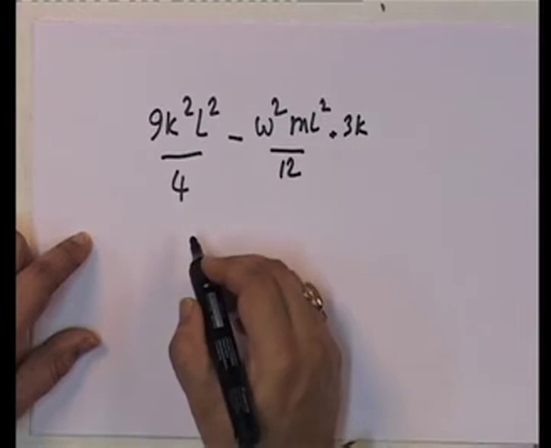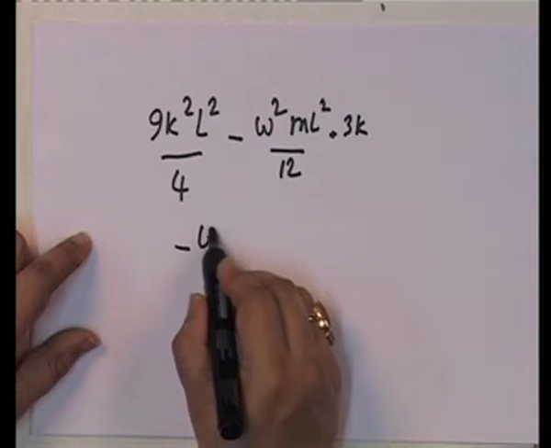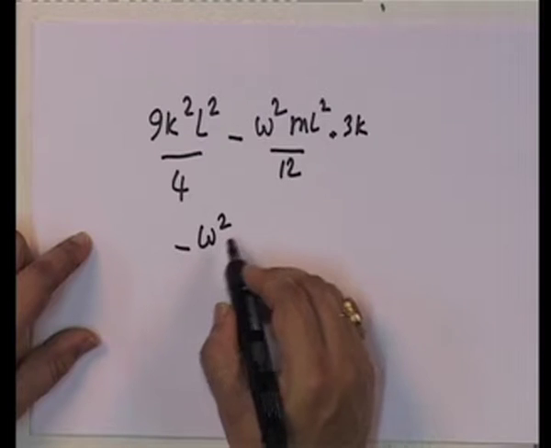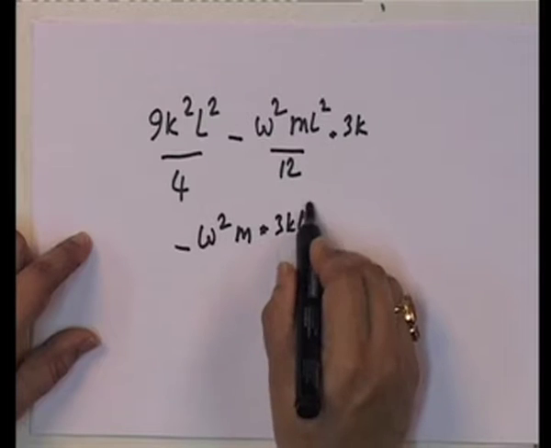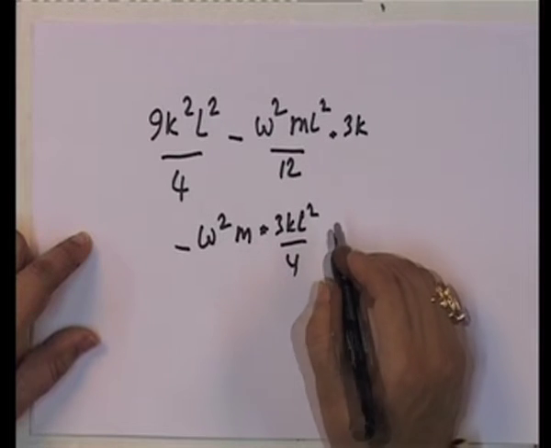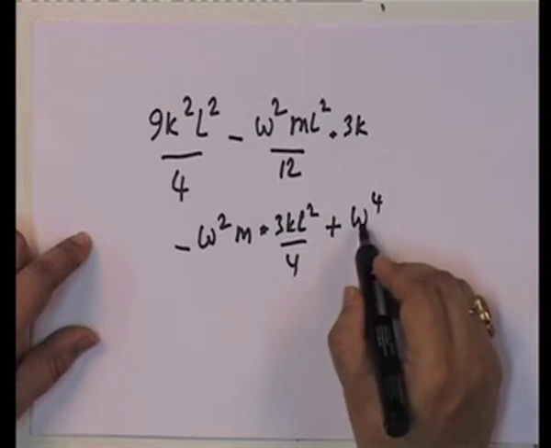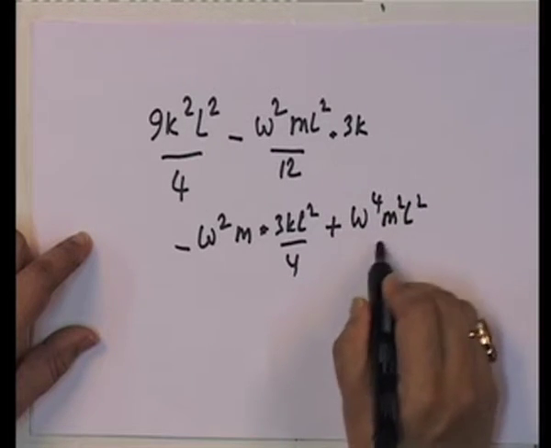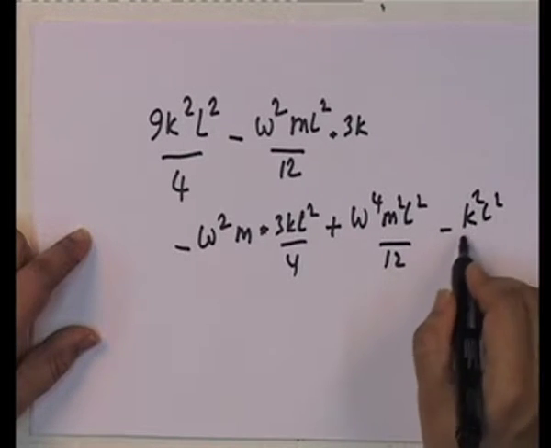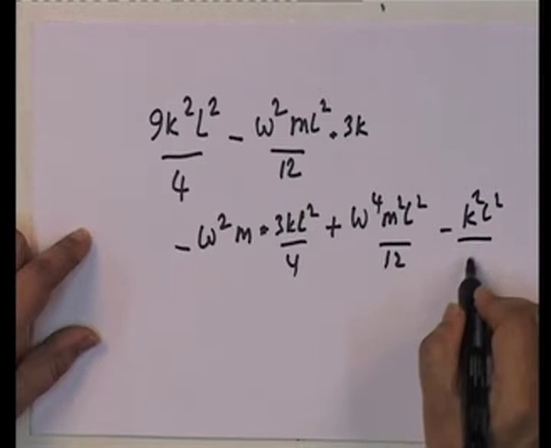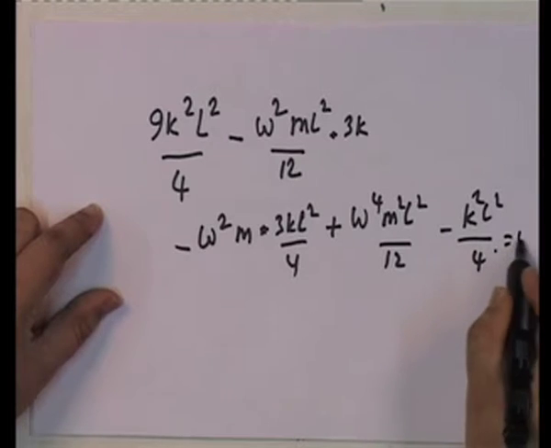Then I have minus omega squared m into 3kL squared by 4, and then finally plus omega fourth m squared L squared upon 12 minus k squared L squared upon 4, is equal to 0.